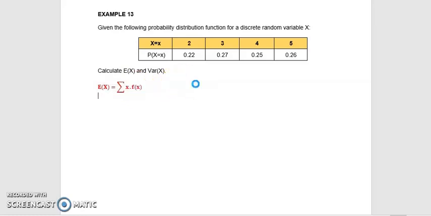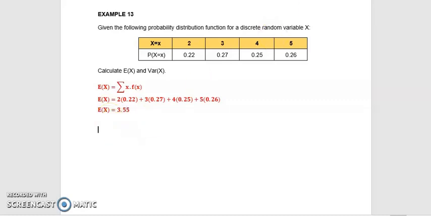So expected of x equals: the first value of x is 2, f(x) is 0.22, plus 3 multiplied by its probability 0.27, plus 4 multiplied by 0.25, plus 5 multiplied by 0.26. So here expected of x, we will get 3.55.